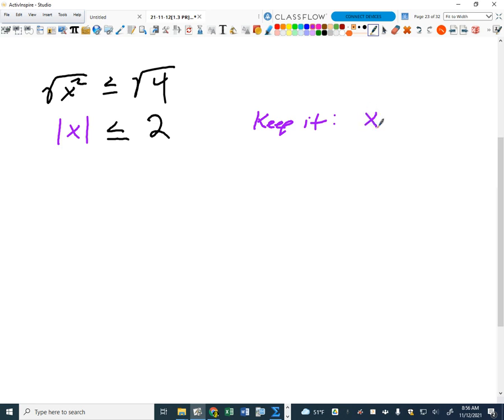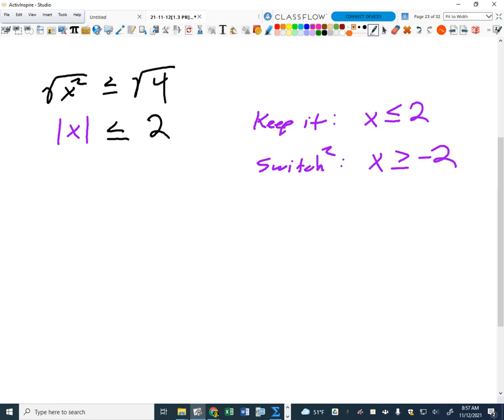So one of my inequalities is going to be x is less than or equal to 2. The other one is going to be the switch, switch. I'm going to get rid of the absolute values, but that means I'm going to switch the direction of the inequality and switch the sign of the number. So switch, switch looks like that.